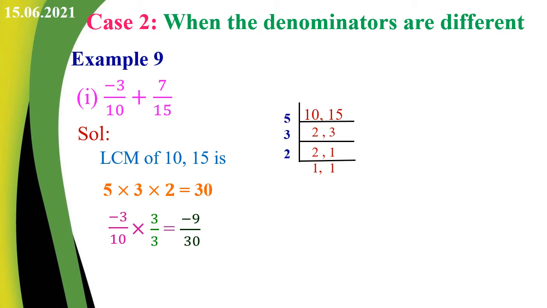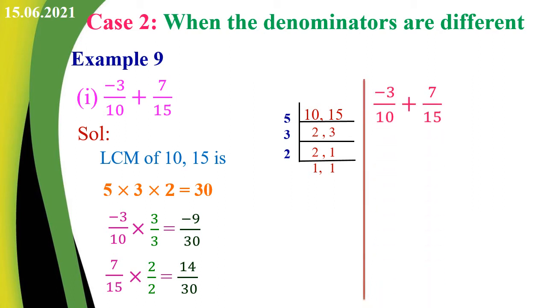So we get minus 9 by 30. The second rational number is 7 by 15. Denominator multiply by 2 and keep the rational number equivalent. We also have to multiply the numerator by 2. 7 2s are 14, 15 2s are 30.